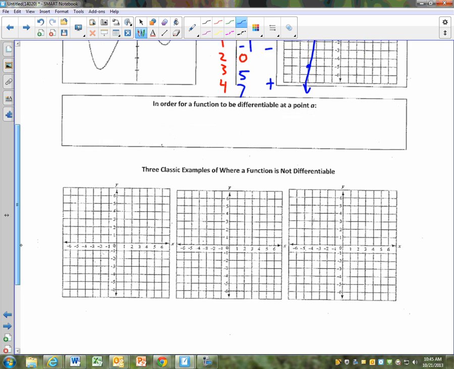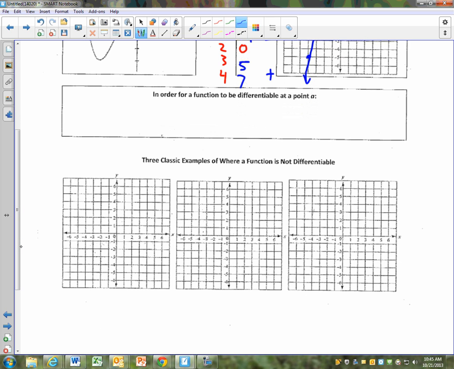Okay? All right. So, we like to take derivatives, but there's this key. In order for a function to be differentiable at point a, these two things must be true. First, f of x must be continuous at x equals a.